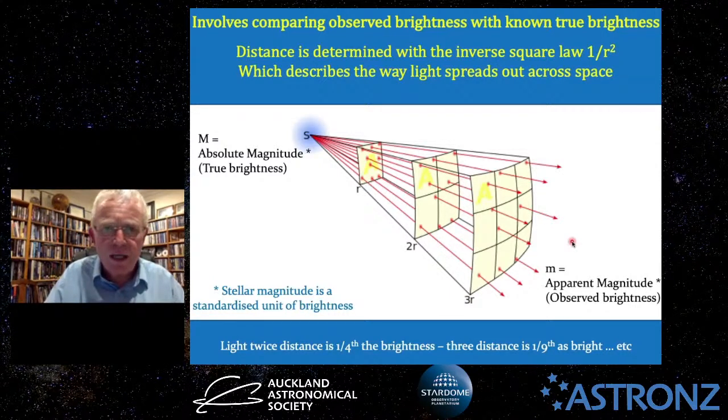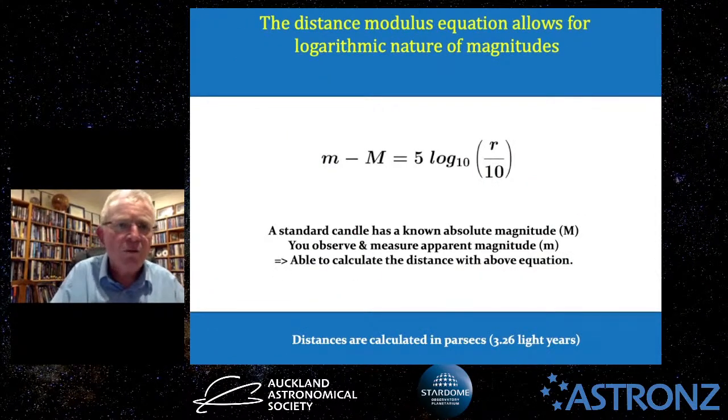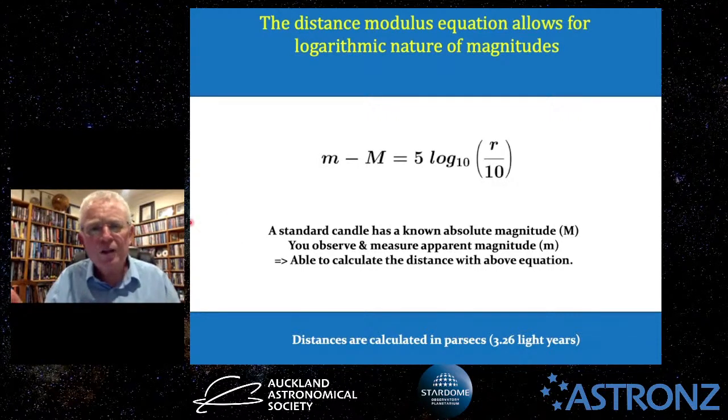Now, you might say, how about astronomers? Don't they use the word magnitude as a measure of brightness? And yeah, they do. And you might say, isn't the magnitude logarithmic? Absolutely. So how do they handle that? They have an equation called the distance modulus equation, which allows for the logarithmic nature of magnitudes. And here it is. I'm not going to go into depth, that's another whole talk. But little m is usually the observed or apparent magnitude of a star when you look through your telescope.